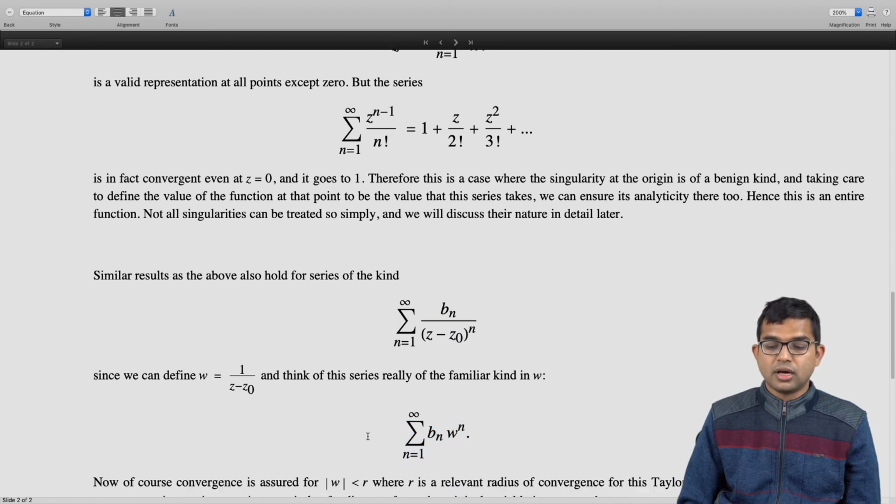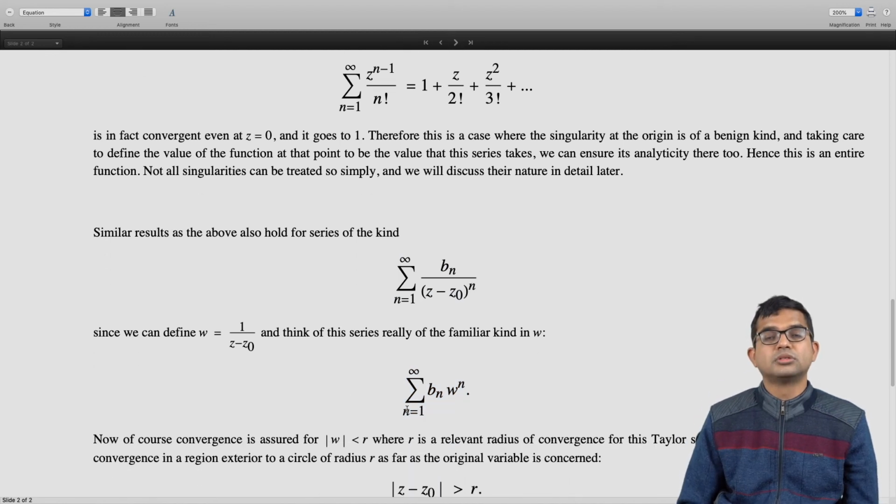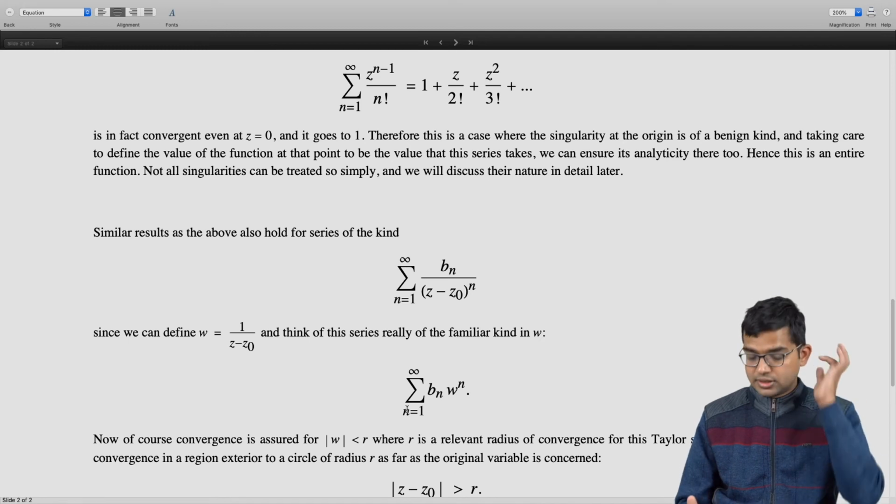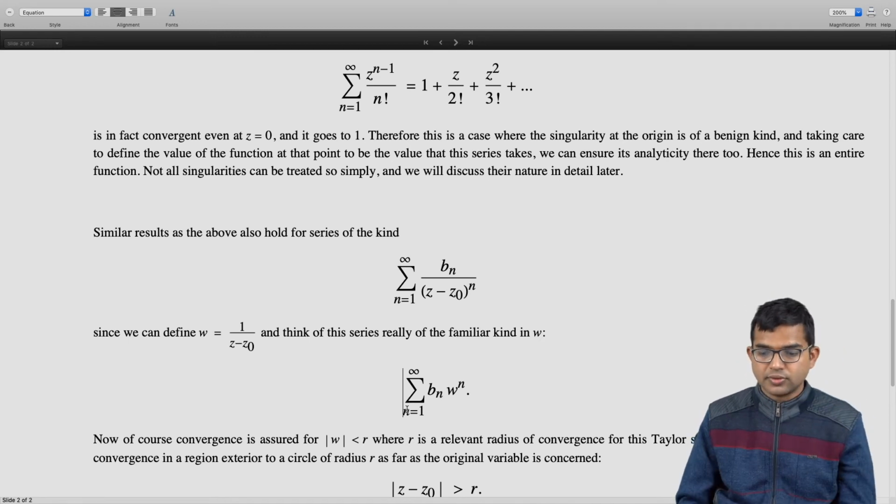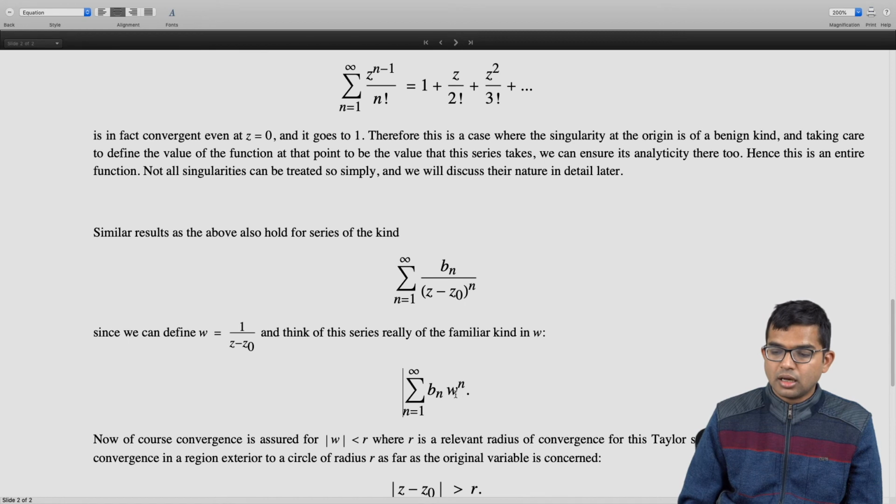And so then we would argue that this has its own circle of convergence, so region of convergence, and it has a certain radius of convergence. Suppose we find out that its radius of convergence is small r, then we are assured that this series is going to be convergent whenever mod of w is less than r. But what is meant by mod of w being less than r?